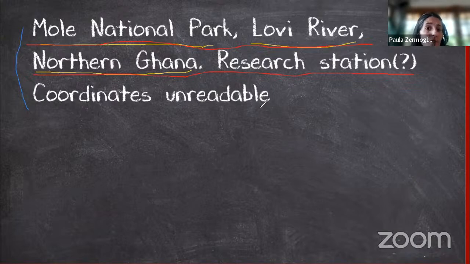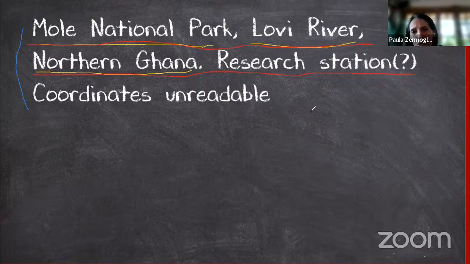Well, coordinates unreadable. Well, we don't have coordinates. So all the fields that refer to coordinates, decimal latitude, decimal longitude, verbatim latitude, verbatim longitude, verbatim coordinates are going to be empty. This means no dashes, no periods, no NAs, no nothing. Empty those fields. If we don't have the information, we don't type in anything.